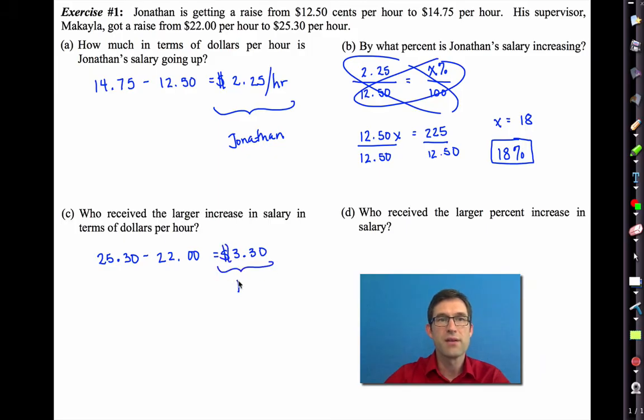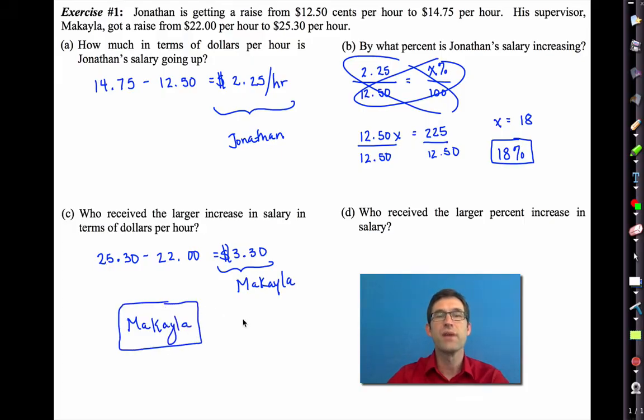So that's Michaela's, and that's Jonathan's. Clearly, Michaela had the larger increase in terms of just the sheer dollars that it went up. She earned $3.30 more per hour. Jonathan earned $2.25 more per hour.